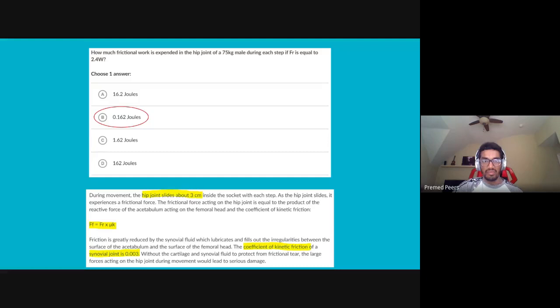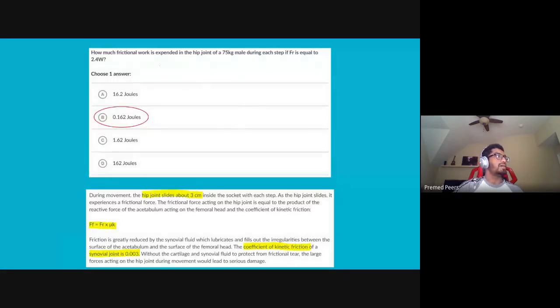So the next step here is converting from reactive force to frictional force. And so we see that equation right here: FF equals FR times the coefficient. We've seen here in the passage that the reactive force is equivalent to 2.4 watts. So we have that.